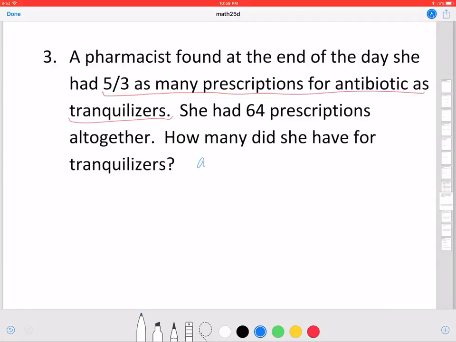I'm going to use letter A for number of antibiotic prescription, and T for number of tranquilizer prescription. All right.